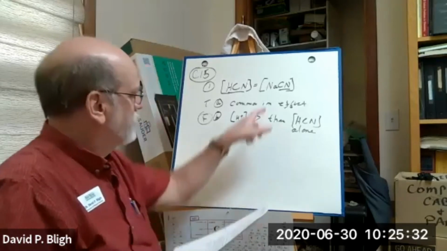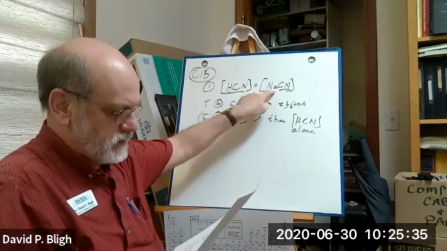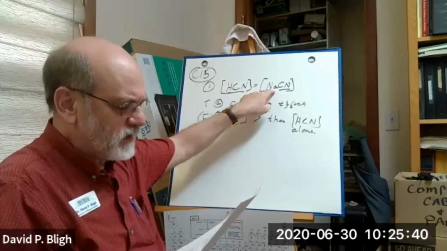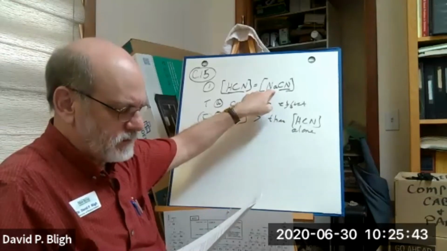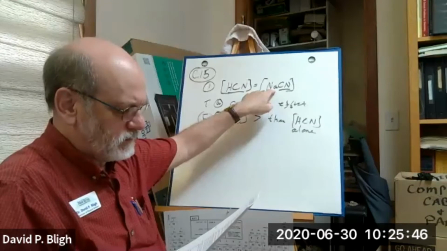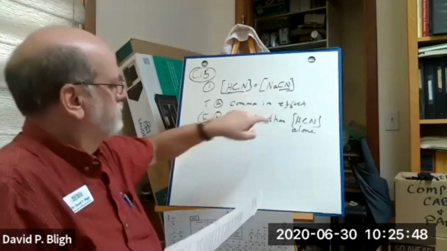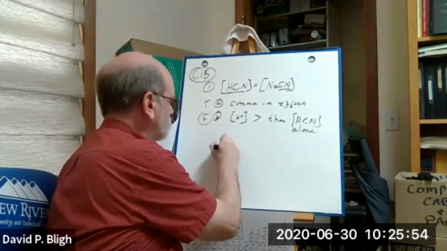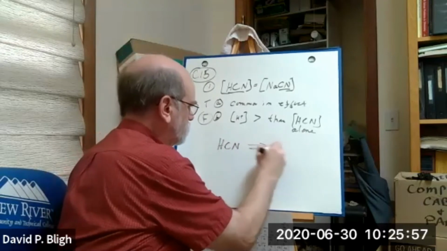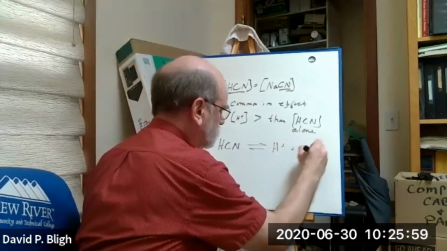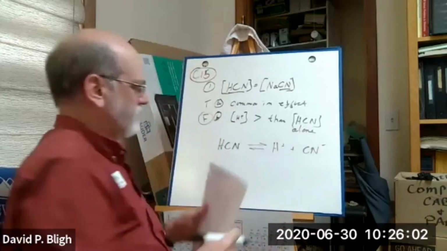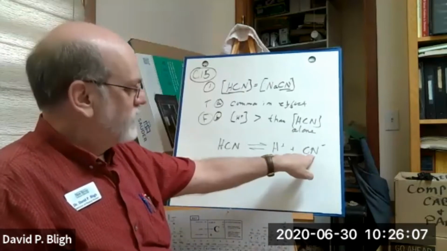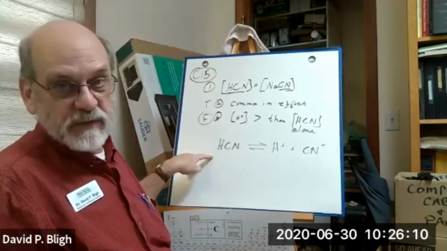Addition of more of this will shift the acid dissociation equilibrium to the left. Let's see if that's true. If you add more of that, what's it going to do to that reaction? You're adding this common ion, shifts it back this way. That's true.